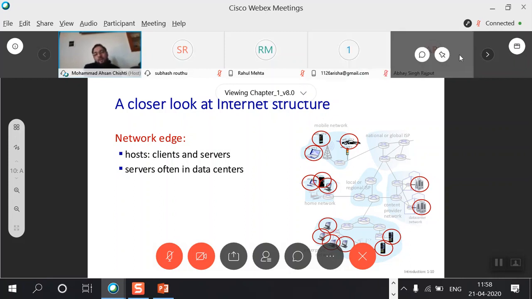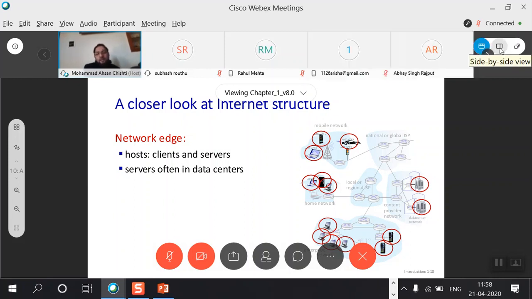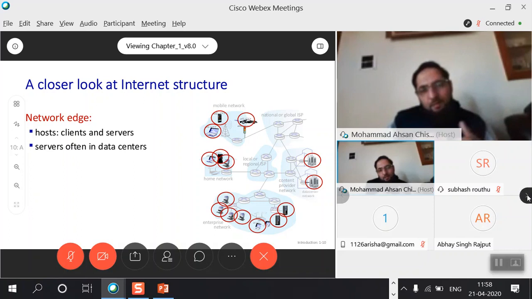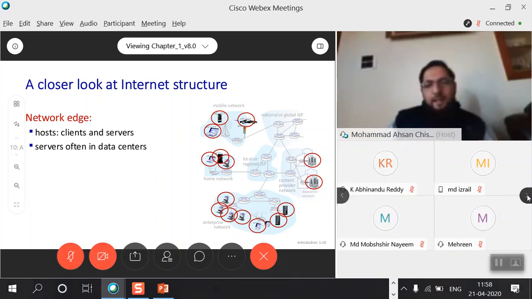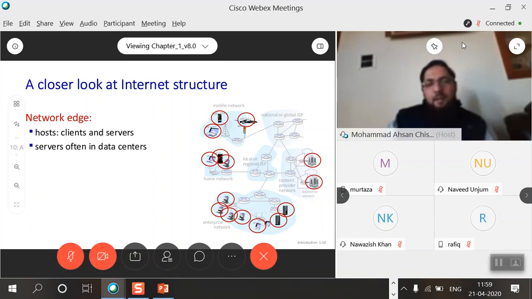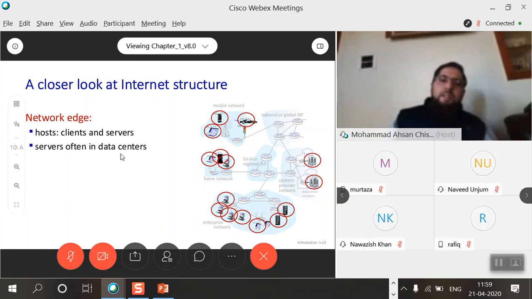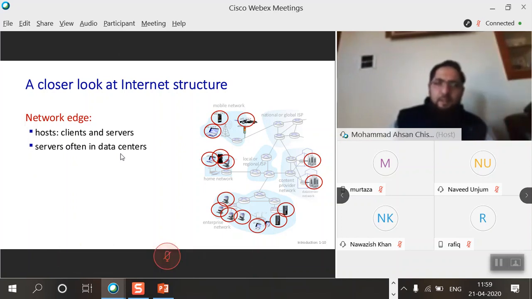What are backbone links? Backbone links are those links which connect one ISP with another ISP. Let's say we have a BSNL network at Srinagar. It connects through a number of fibers to the router which is in Delhi. Let's say both are of BSNL.